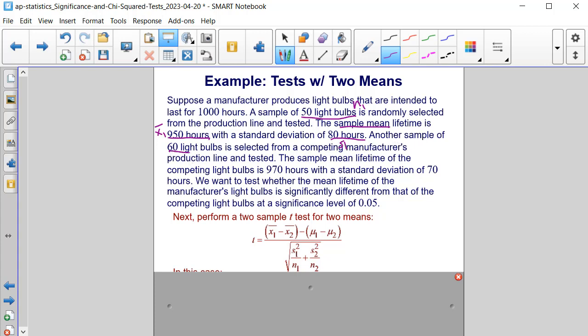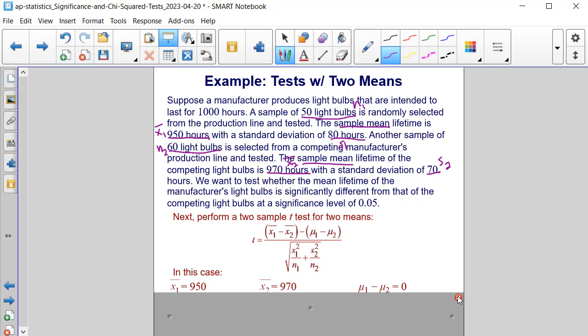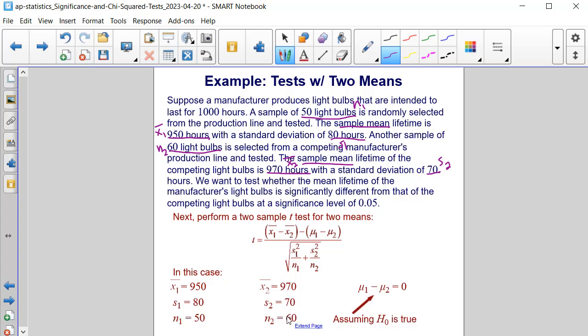Another sample of 60 light bulbs, that's our N2, is selected, and the sample mean for this light bulb is 970 hours. That's our X bar sub 2, and the standard deviation of 70 hours is our S sub 2. In this case, we have all of these values, and if we assume that the null hypothesis is true, then mu sub 1 minus mu sub 2 is equal to 0.